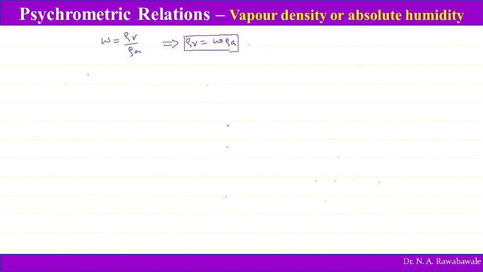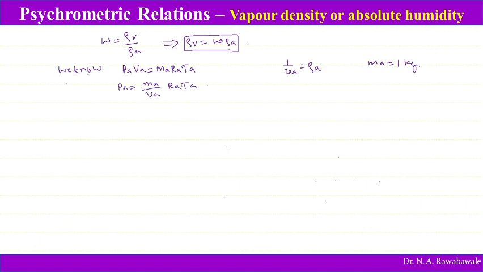Now we know that is PA VA is equal to MA RA TA, applying the gas equation. So we can write this as 1 over VA is equal to rho A, assuming that MA is equal to 1 kg. So if MA is equal to 1 kg, PA is equal to MA divided by VA into RA TA.